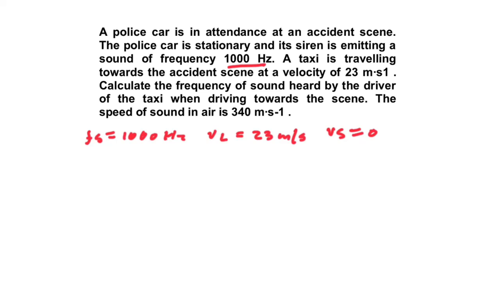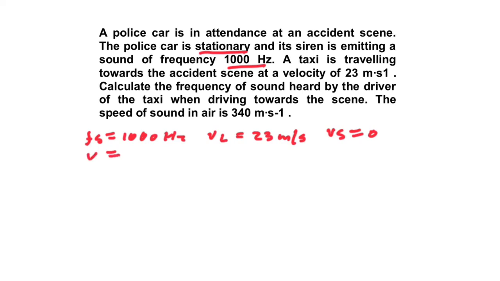They even say that the police car is stationary. You would deduce it from the fact that it is in attendance at the accident scene, but they do tell you either way. Right. What else? We have V, speed of sound in air, 340 meters per second. What else do we need? We want to calculate FL, the frequency observed.